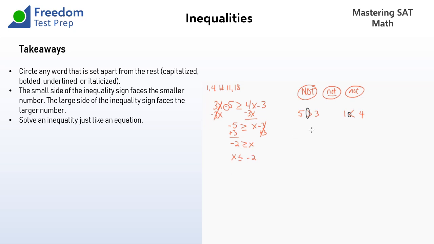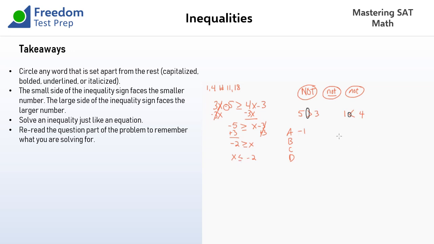Now, we look at the answer choices. And if we remember, they're asking for an answer that is not a solution. So let's see, A says negative 1. And we ask ourselves, is negative 1 less than or equal to negative 2?